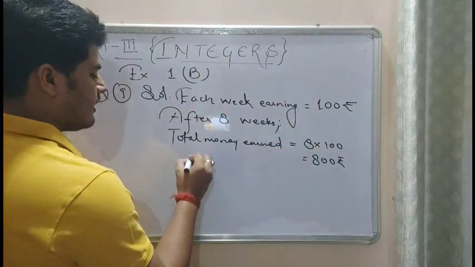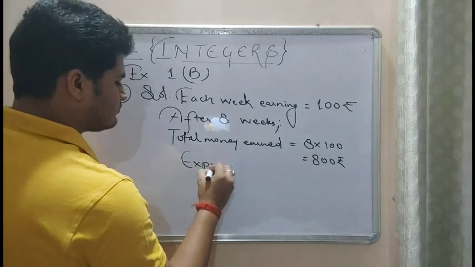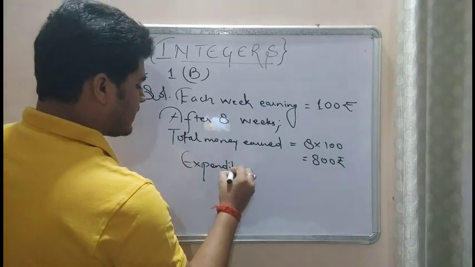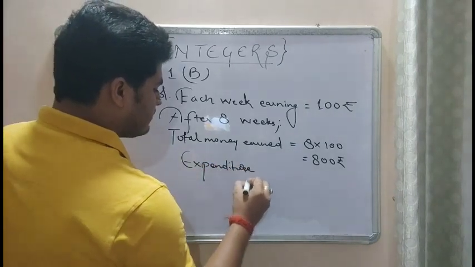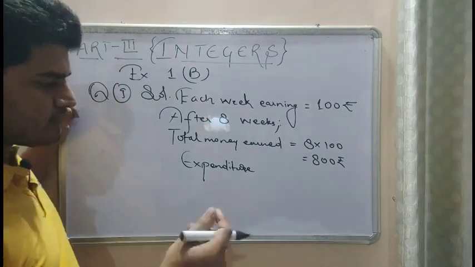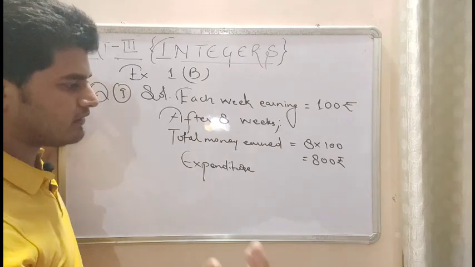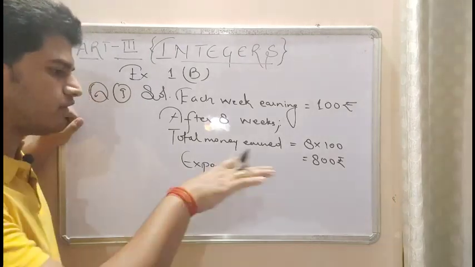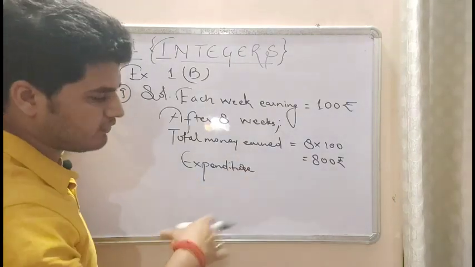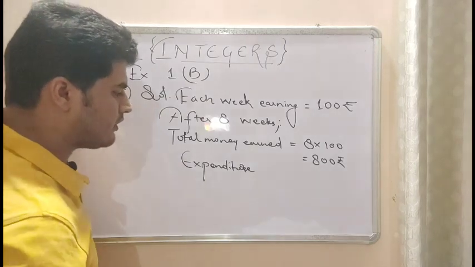So expenditure is a strong word, which means spending money. You're spending money on something, purchasing, buying things. So all of the things you are doing, whatever you are spending money on, come under expenditure.